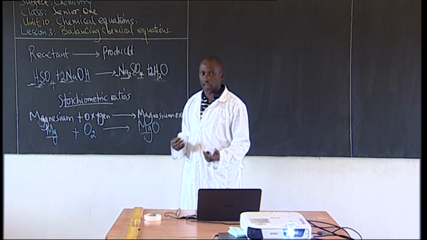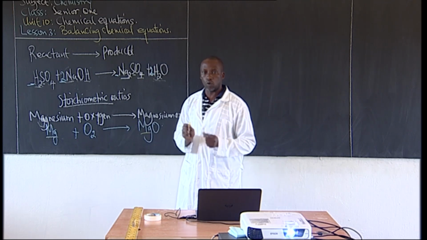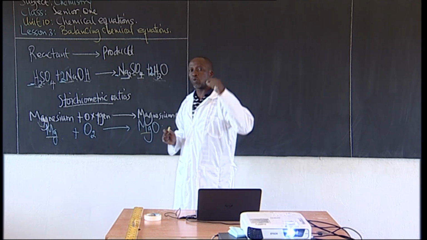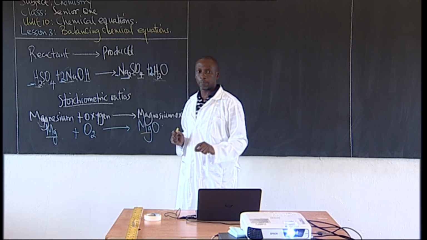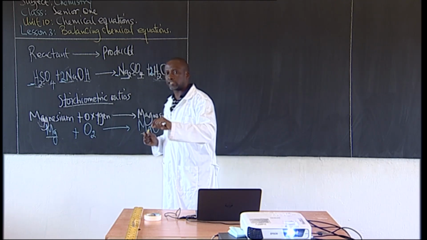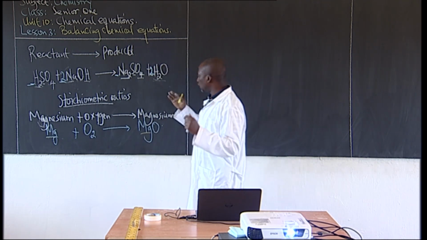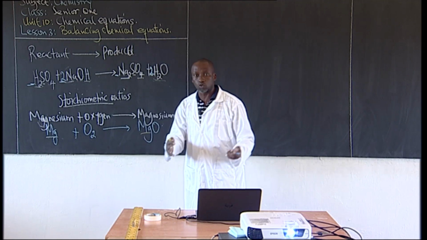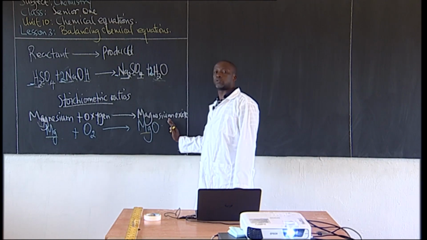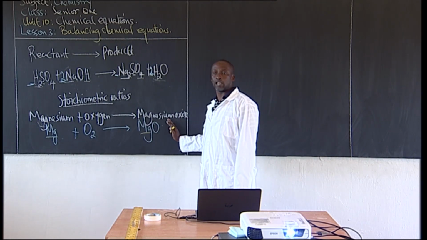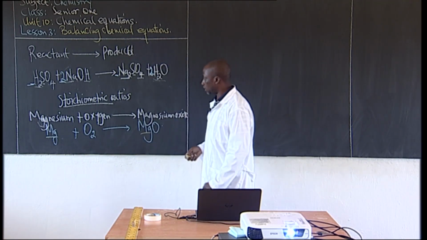If they are not balancing, then we need to balance them, make them equal, to make sure it satisfies the law of conservation of matter. The mass of the reactants is equal to the mass of the products. And there is no atom that has to be destroyed. So the atoms that appear on that side must be the atoms that will be appearing on the right-hand side. So there will only be rearrangement of these atoms.